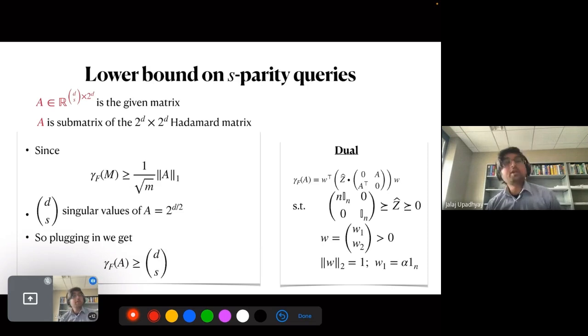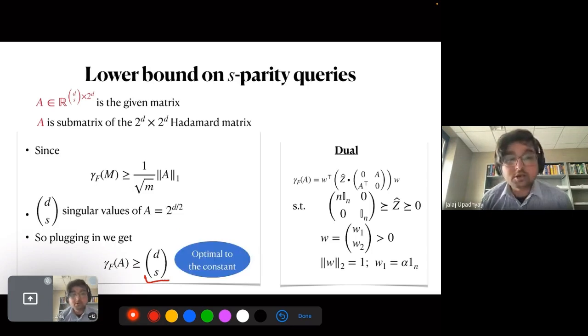Plugging all of it in, I get that the gamma F norm is D choose S, which I believe is optimal up to a constant. So this is how you can prove it for S parity queries.